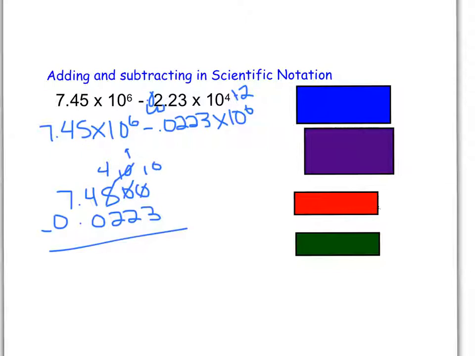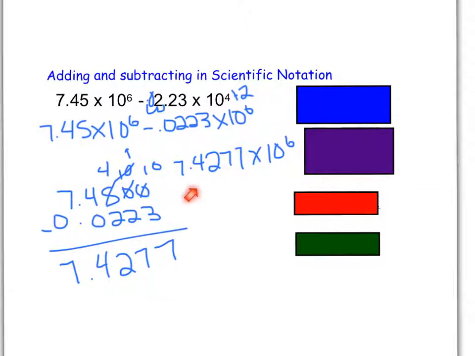This will become a 10. 10 minus 3 is 7. 9 minus 2 is 7. 4 minus 2 is 2. 4 minus 0 is 4. Add the decimal, and 7 minus 0 is 7. So now we have 7.4277 times 10 to the 6th. And as you can see, this is in scientific notation already, so this is the complete answer.